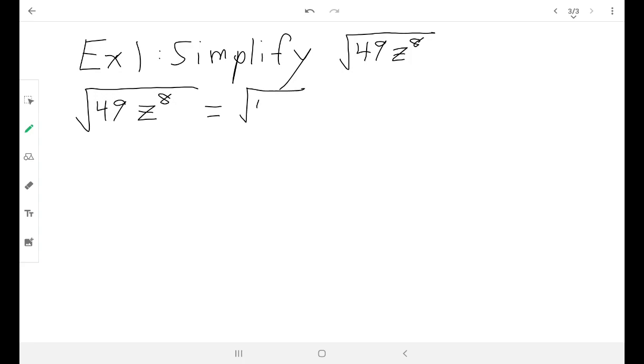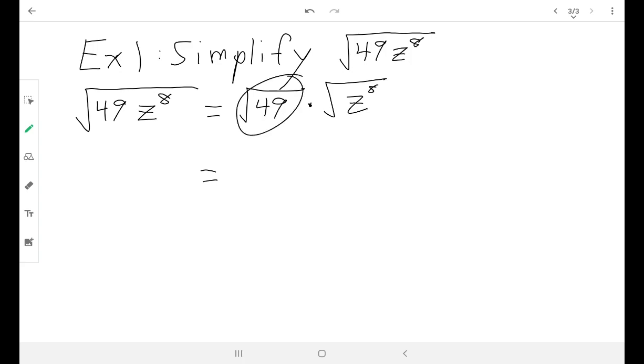So this can be called the square root of 49 times the square root of z to the 8th. And I think you'll find that, and this is true with all roots, as long as it's all multiplication, you can split it apart into as many pieces as you need to.